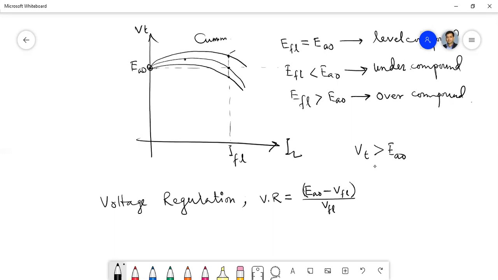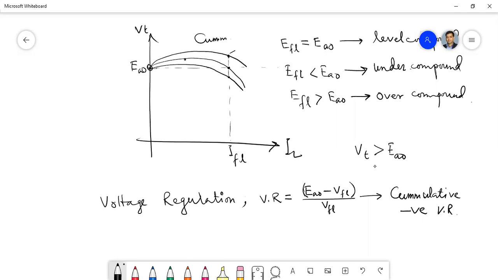Now for these different generators, some will have negative voltage regulation. For what type of generator can we expect negative voltage regulation? For the cumulative compound generator only we can get some negative VR.